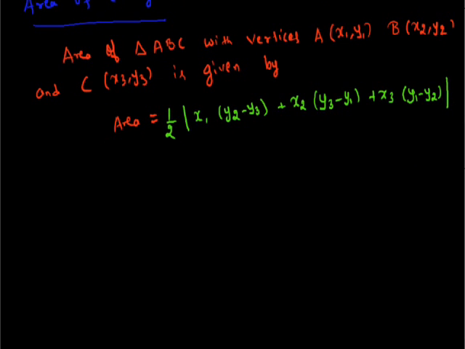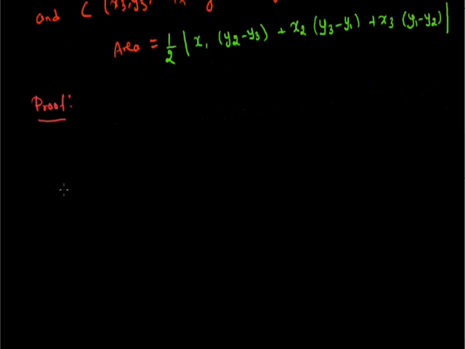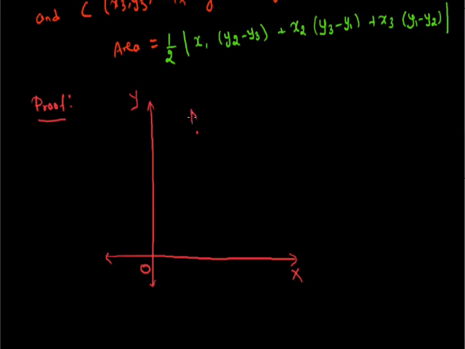Now proof. Now this is the origin, x-axis, y-axis. Now these points are A, B and C. Now this is triangle ABC.